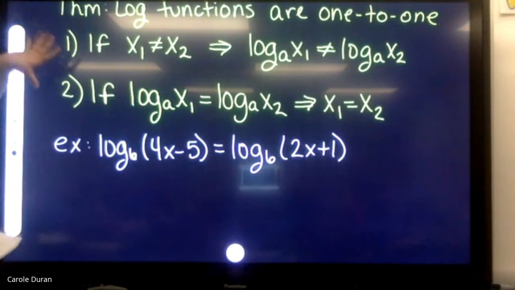Based off of these rules, if I have two logarithms with the same base set equal to each other, then in theory, what I'm taking the log of should also be equal to each other.